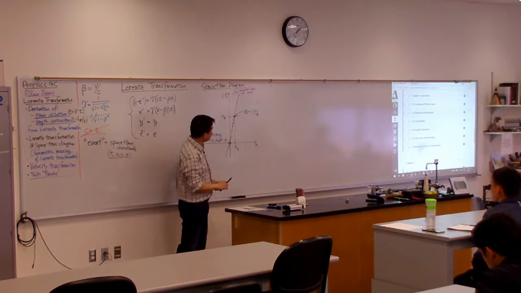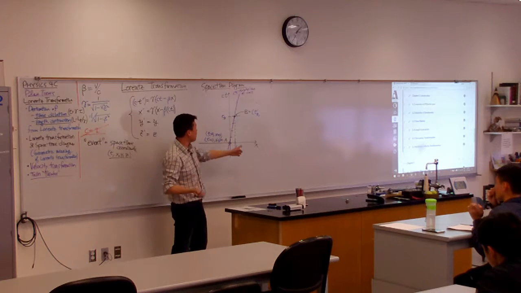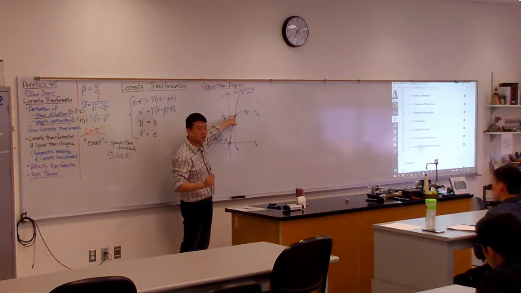And do I know what its x prime coordinate is? It should be orthogonal with the time line prime. No, I'm just asking, at this event B, do you guys know what the x prime value is?